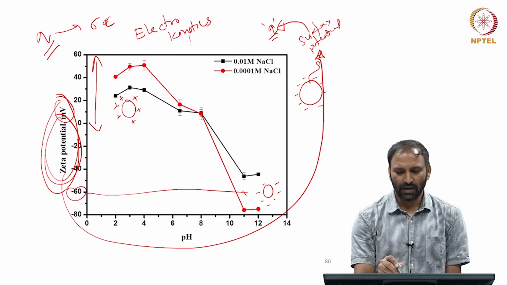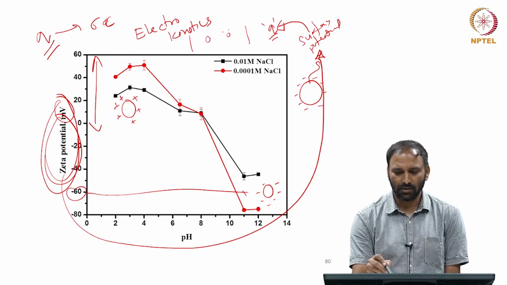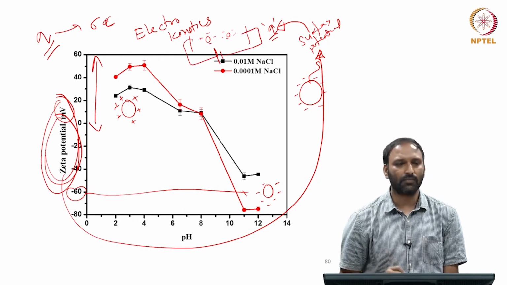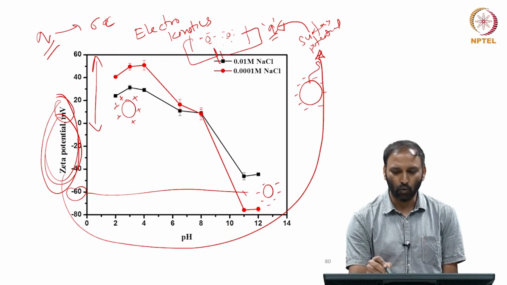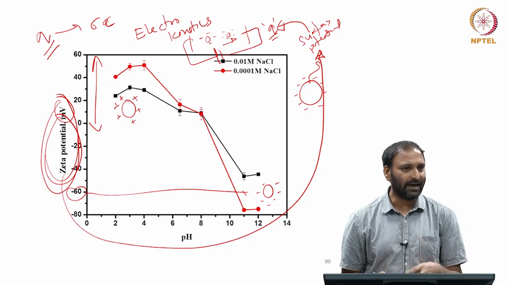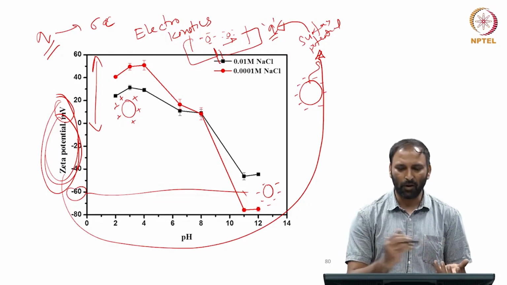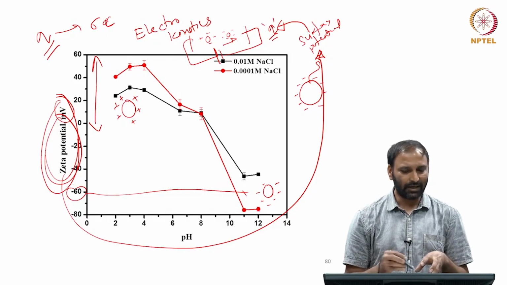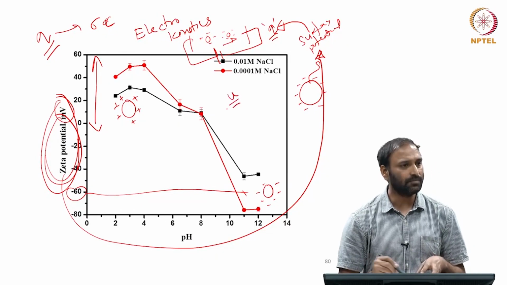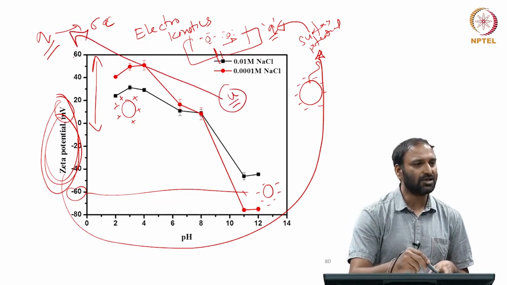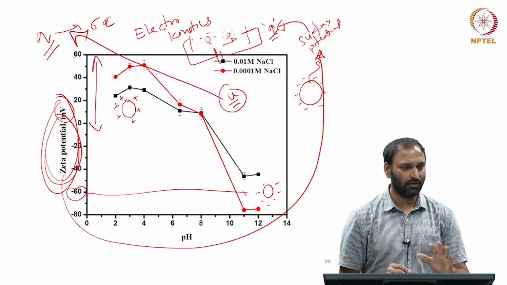In this, I have a dispersion of particles, either positively or negatively charged, and you apply a voltage and make them move. Whenever you have a charged species, it responds to the electric field that you apply, and depending upon the velocity with which the particles move, I can back calculate the charge on the particle. Let us put it that way at this point.